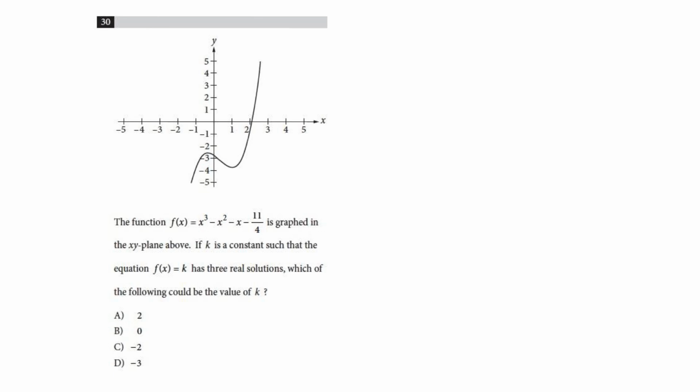All right. 30. The function f of x is graphed in the xy-plane above. If k is a constant such that the equation f of x equals k has 3 real solutions, which of the following could be a value of k? Well, 3 real solutions just means that the function is going to equal that value at 3 places.